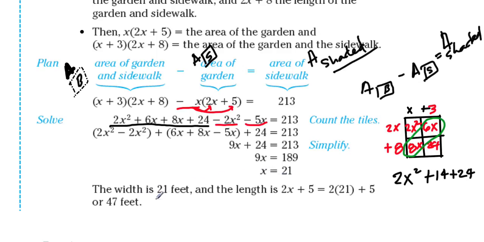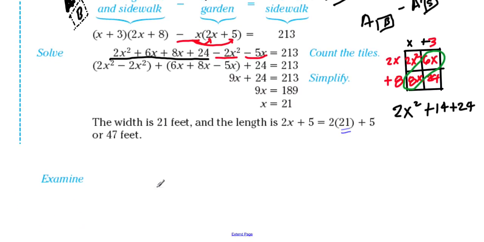The width of the garden is 21 feet, and the length is 2x plus 5. So we simply substitute 21 for our x, end up with 47 feet, which simply means that our garden is 21 feet by 47 feet.